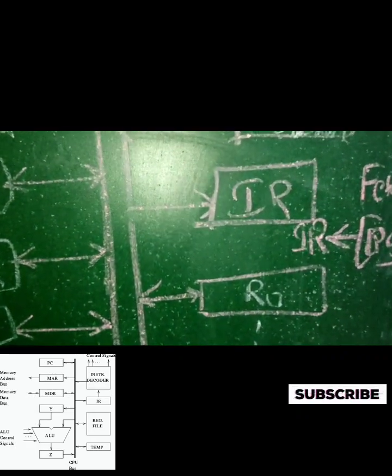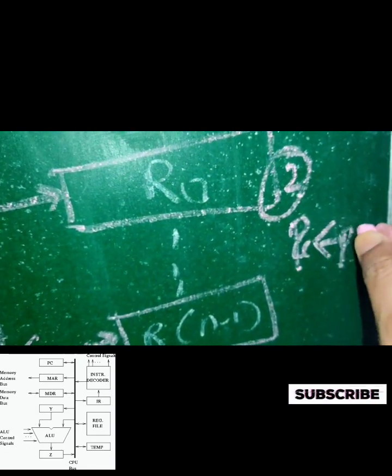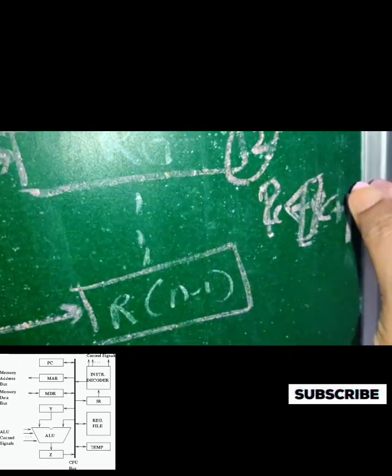And the second step for executing this instruction is to simply increment the program counter, that is PC. In short, we write it as PC, which always increases after executing the instruction. So the program counter is increasing.